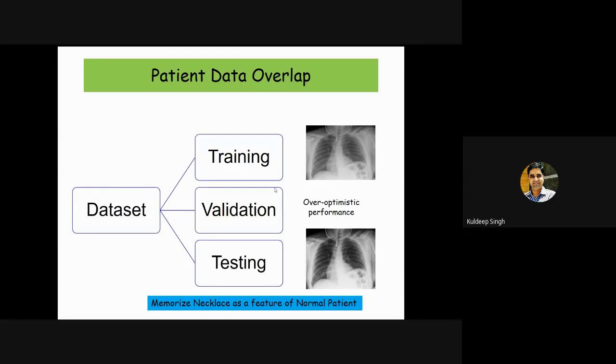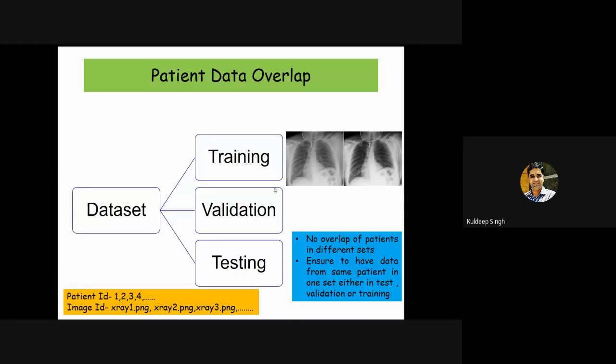While training, the model will memorize this necklace as a feature of normal patients. Now, whenever we provide a chest X-ray of this particular patient wearing a necklace, it will categorize it as a normal patient because it has memorized that necklace. So that is the problem. We call it patient data overlap.